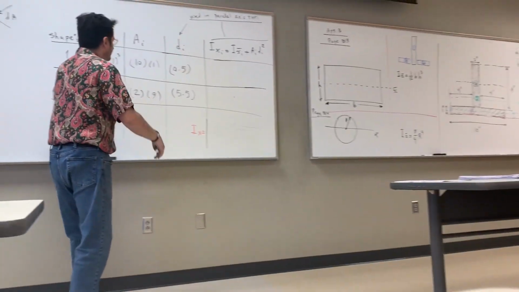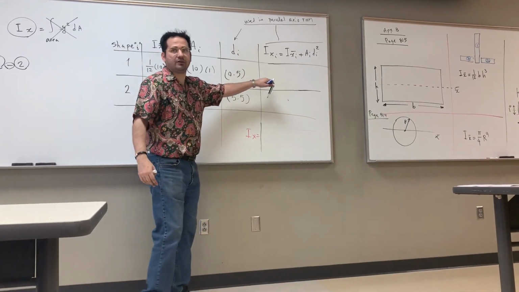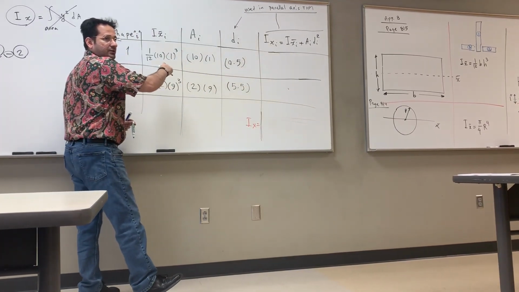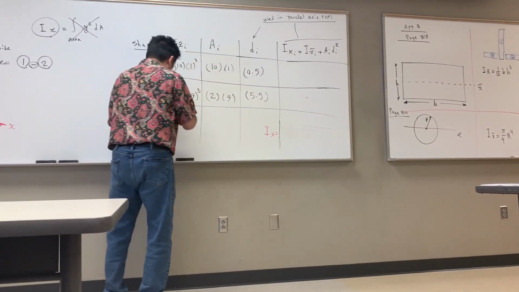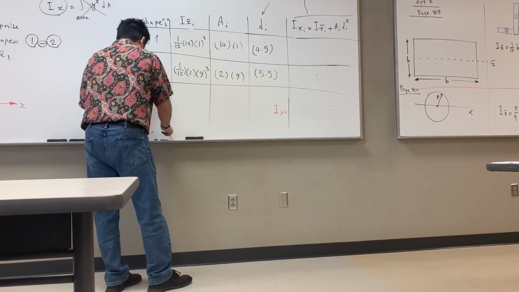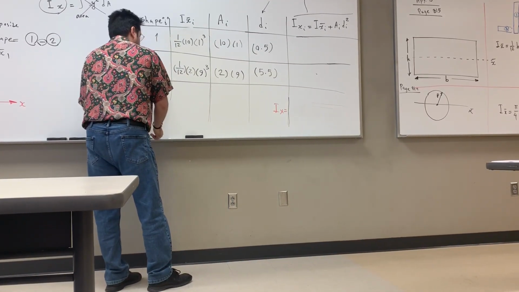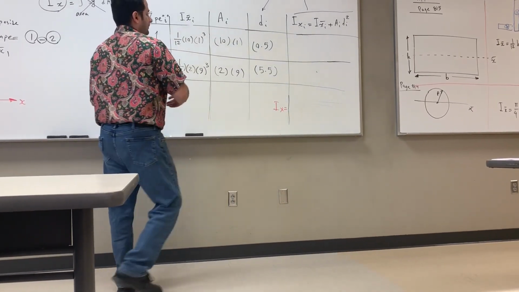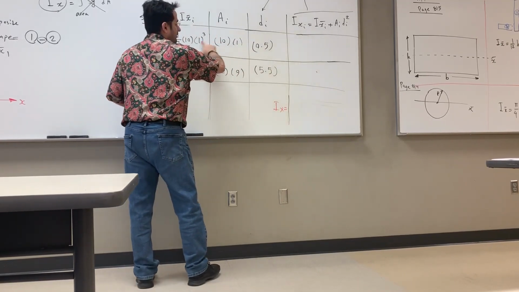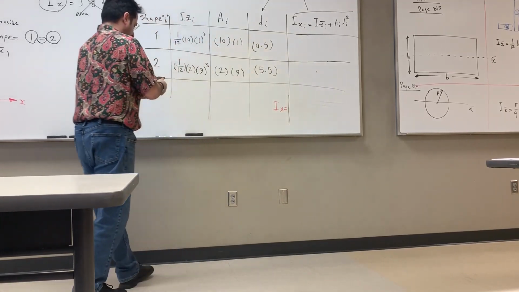Now, all I need to do is just this computation. So let's do that computation. This one plus the square of this times this.